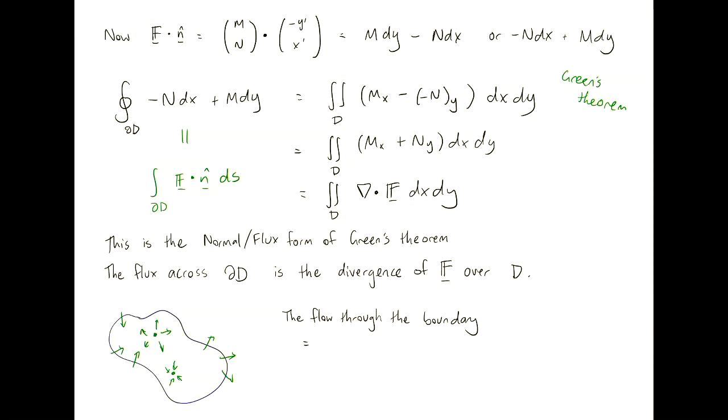So the flow through the boundary is equal to stuff. By stuff, I mean the integral of the quantity, stuff created minus stuff destroyed.